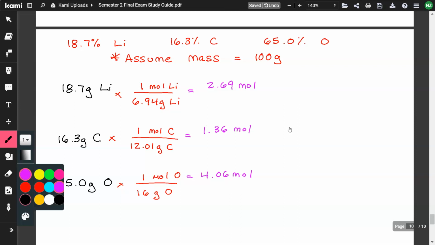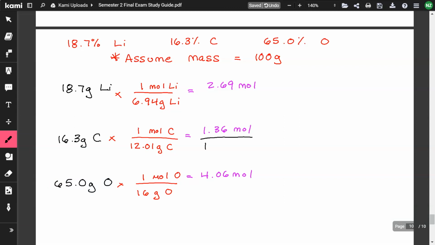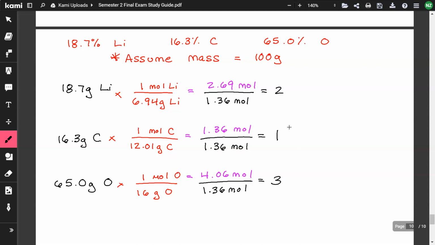At this point, we want to divide by the smallest number, which is 1.36. So let's divide each one by 1.36. And we get approximately 2 here. Obviously, we get 1 here, and then we get approximately 3 here.